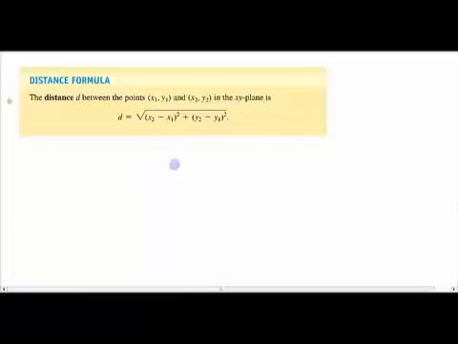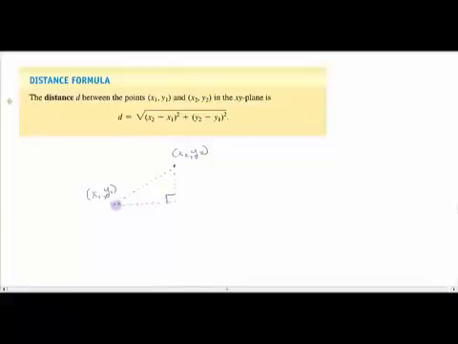If we would have these 2 points in the plane, let's call this point x2, y2, and this point x1, y1. Then we can find the distance between those points by using the Pythagorean theorem. Dropping a perpendicular and moving out horizontally to make that right angle.